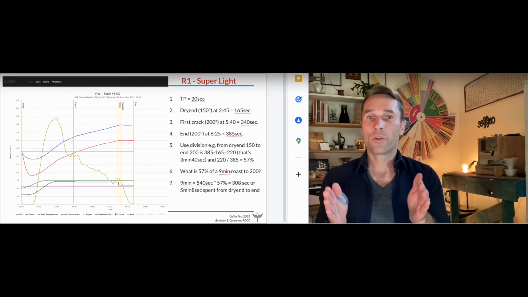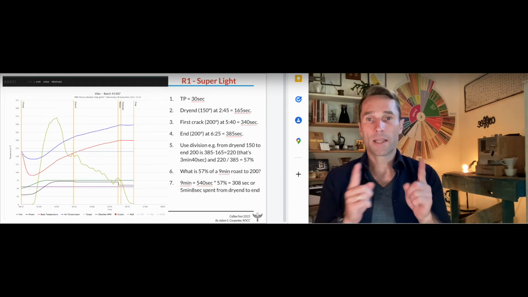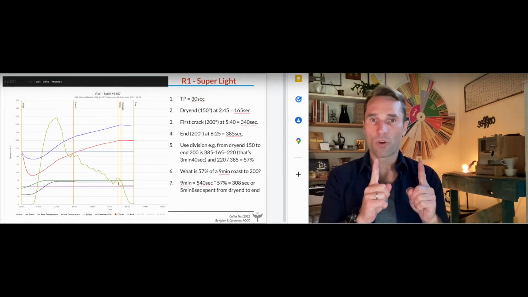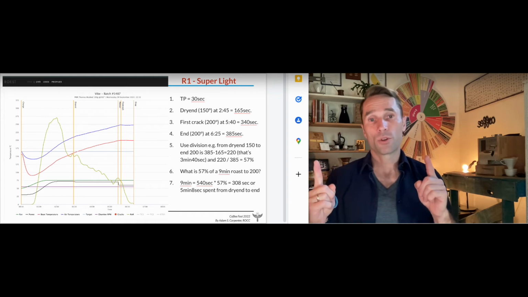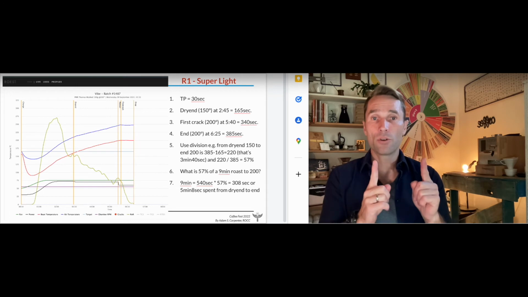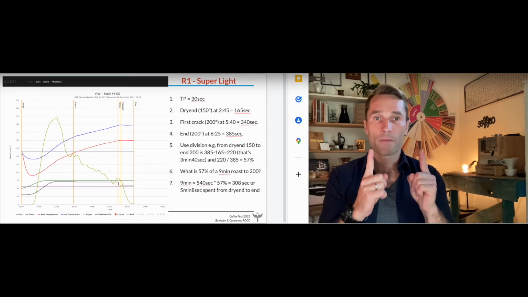So we have 3 minutes and 40 seconds, or 220 seconds. We divide that second gap from dry end to the end by the total roast time, which was 385. So 220 divided by 385 is 57%.